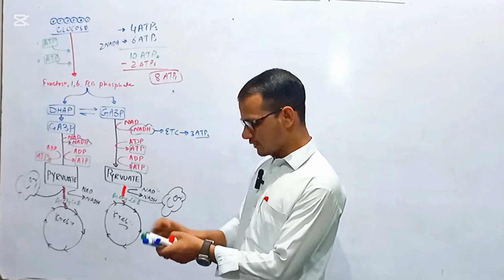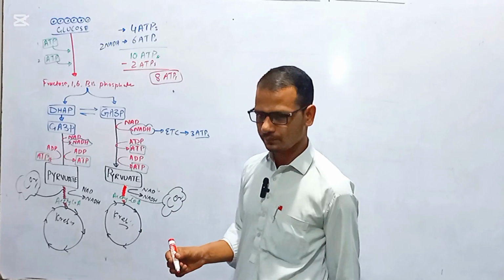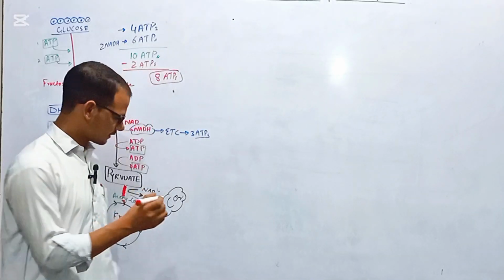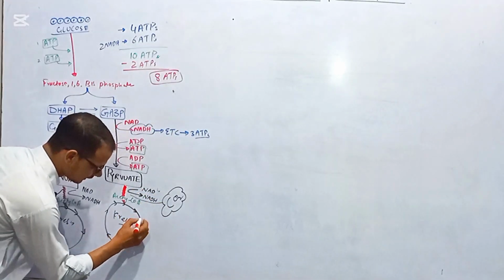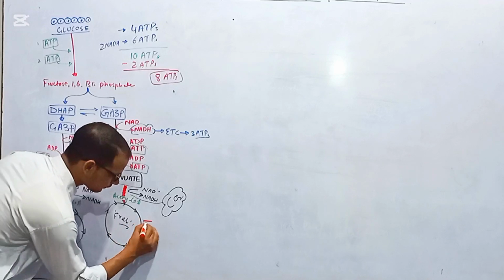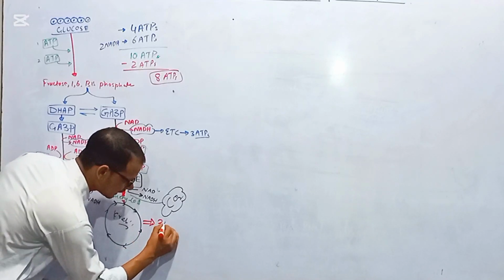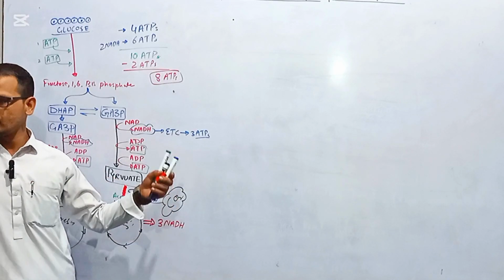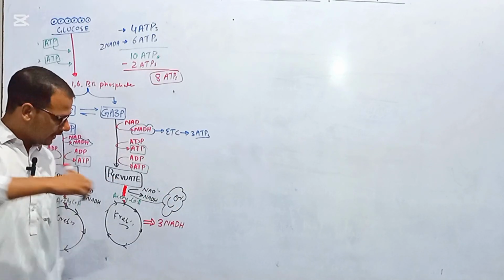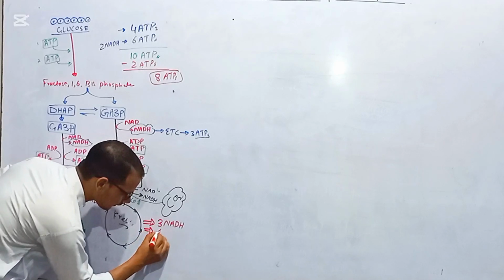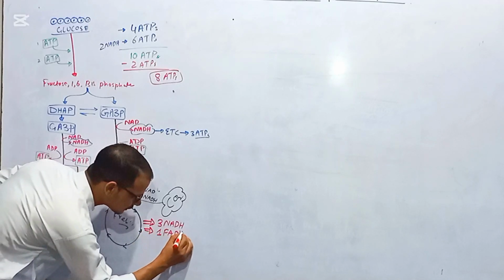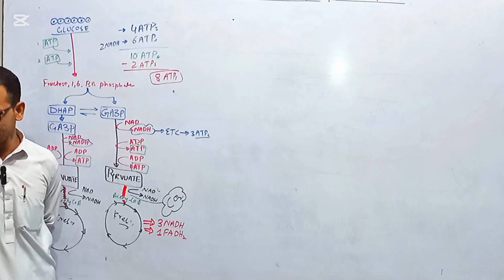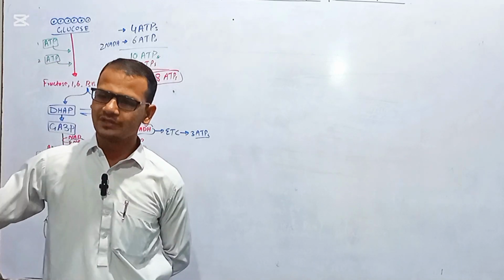How many NADH will be formed in Krebs cycle? In 1 Krebs cycle, 3 NADH. We will discuss in detail how 3 NADH are formed here, right? 1 FADH2 is formed, and here 1 substrate level phosphorylation takes place. 1 GDP will convert into 1 GTP.